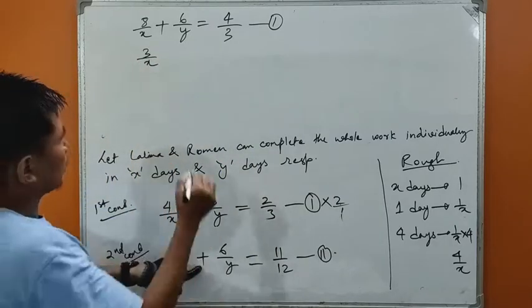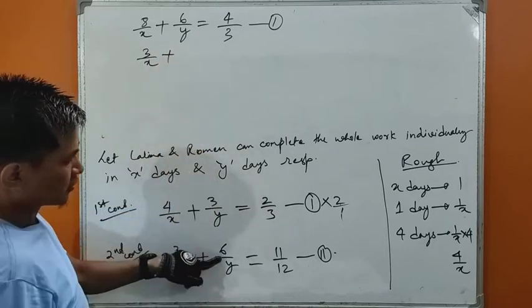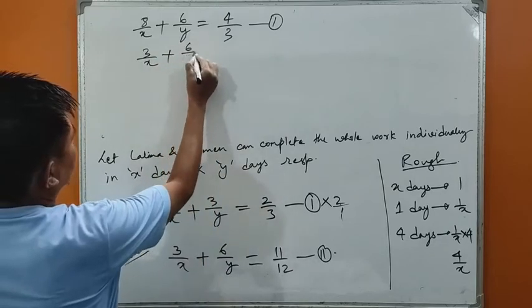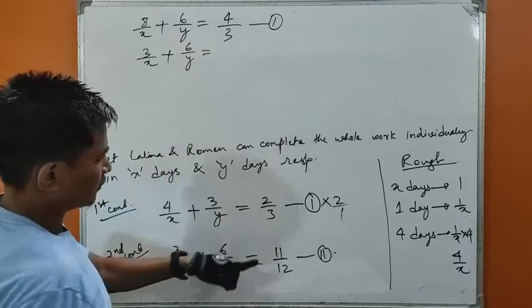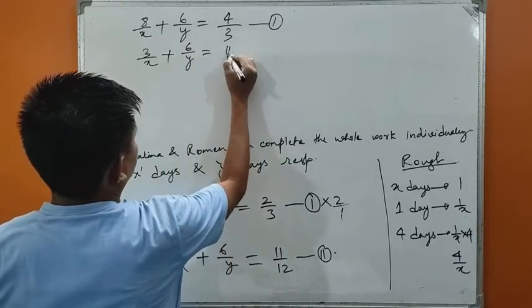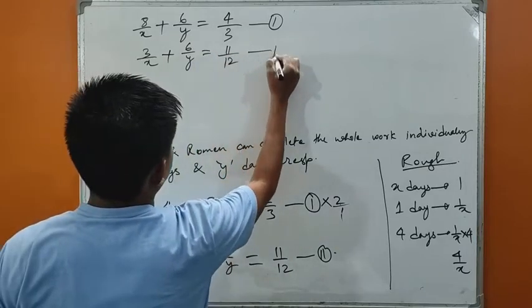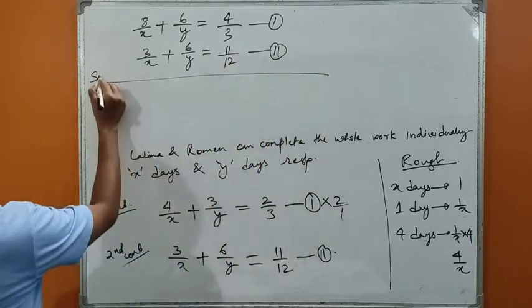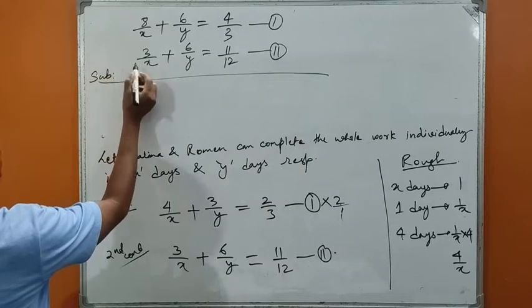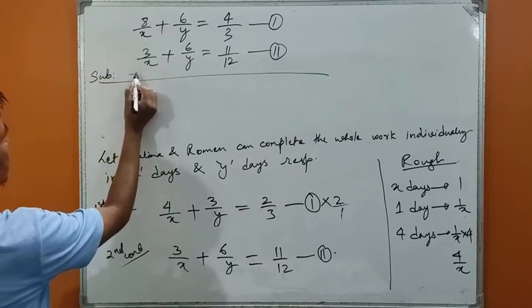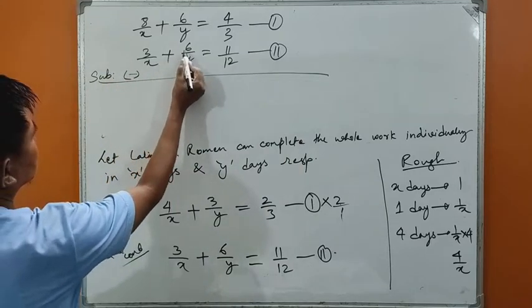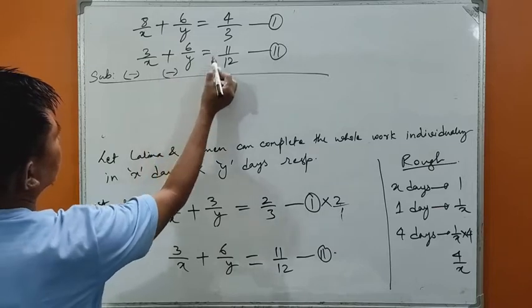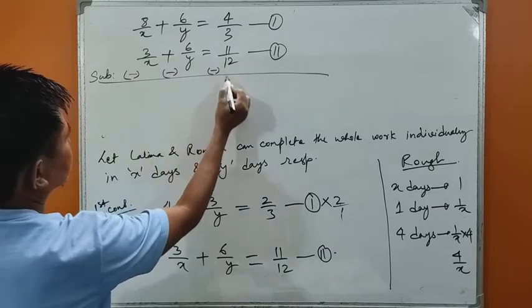So 3 upon x, isn't it, plus 6 upon y equals to 11 upon 12. So now subtracting this, plus 3 upon x becomes minus 3 upon x, plus 6 upon y becomes minus 6 upon y, plus 11 upon 12 becomes minus 11 upon 12.